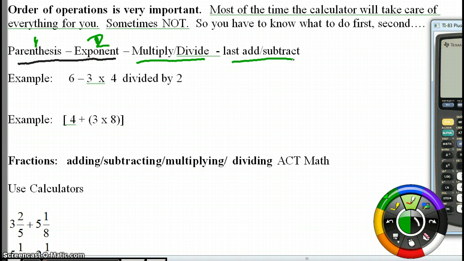So if we have a problem like 6 minus 3 times 4 divided by 2, order of operations says that we should multiply first, then divide, and then finally do our subtraction. But order of operations is built into our calculator. If we're given a problem like this and asked to find the answer, the fastest, quickest, easiest way is to punch it in your calculator.